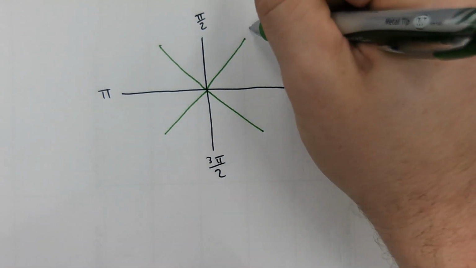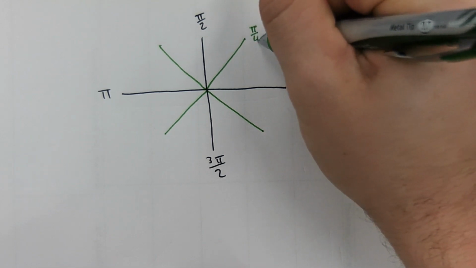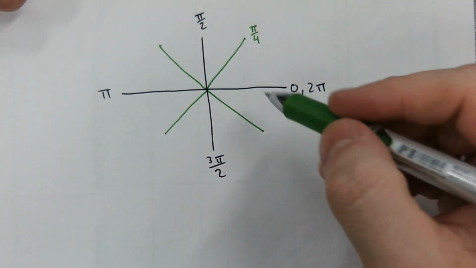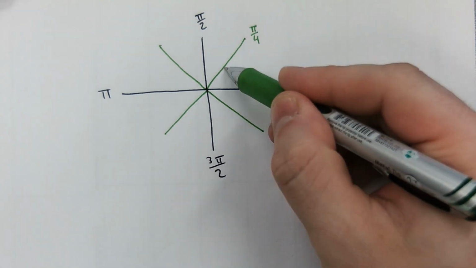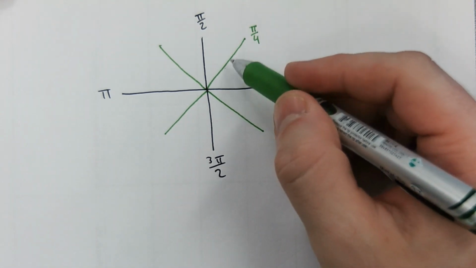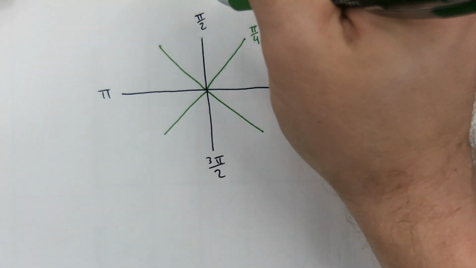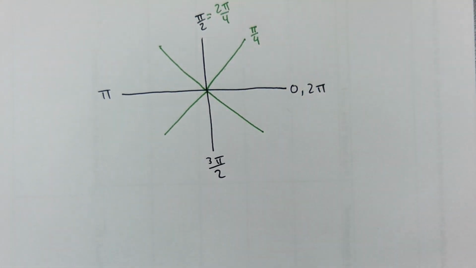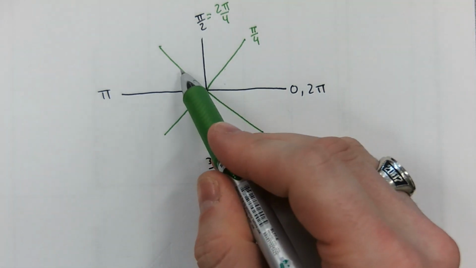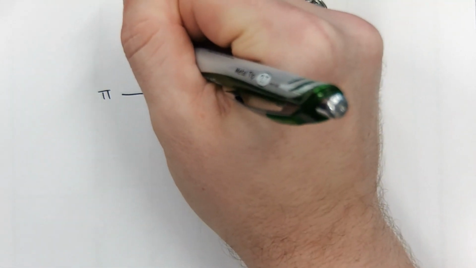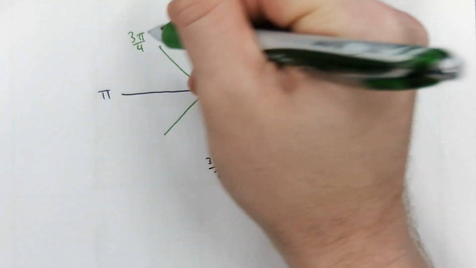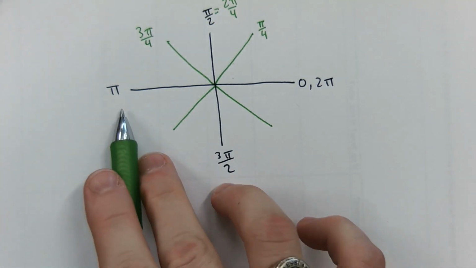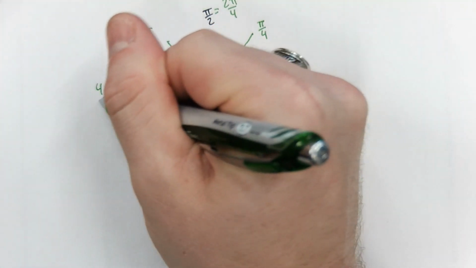This is where you would find your first pi over 4 radians, starting here, going here. Now pi over 2 is the second pi over 4. It's just reduced. Then opening all the way to this line would give me my third pi over 4. 1 pi is 4 pi's divided by 4.